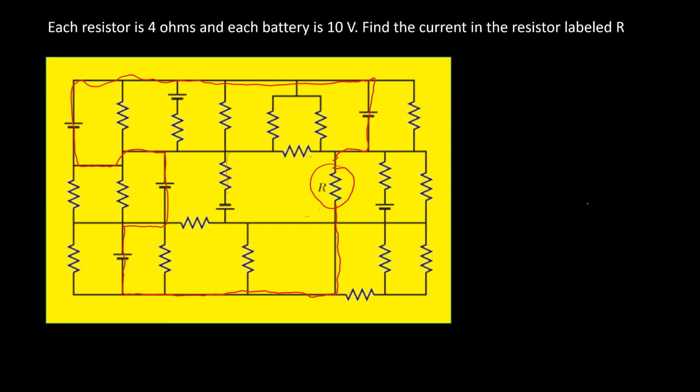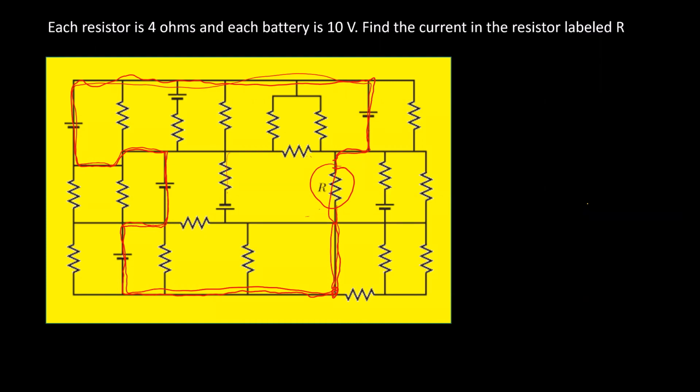So if you go this way, 10 volts, 10 volts, 10 volts, and then negative 10 volts. So you have 20 volts of potential minus IR equal to 0. Again, we're going from here as 10 volts plus 10 plus 10 minus 10 minus IR, back to where I started, equal to 0.